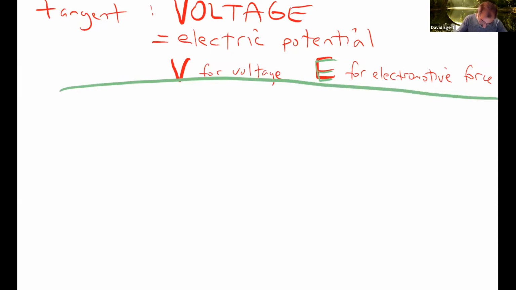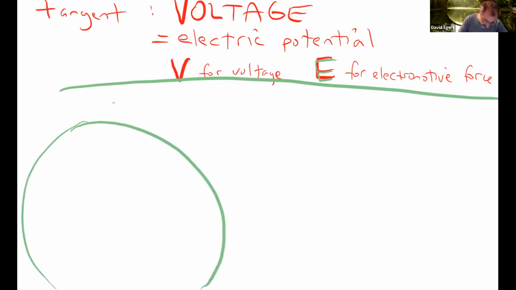So let's look at a cell. In general, a cell is going to have kind of charge. There's ions. We have cations like sodiums and potassiums. There's also sodiums and potassiums and other cations outside. And there's anions.